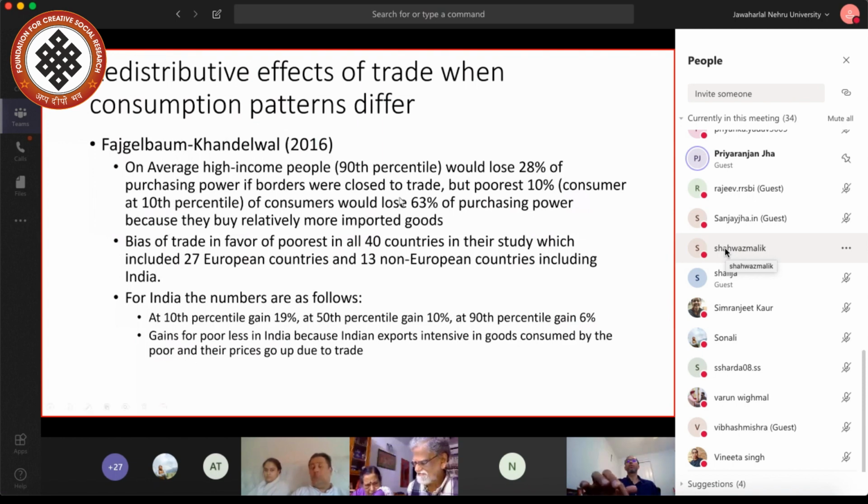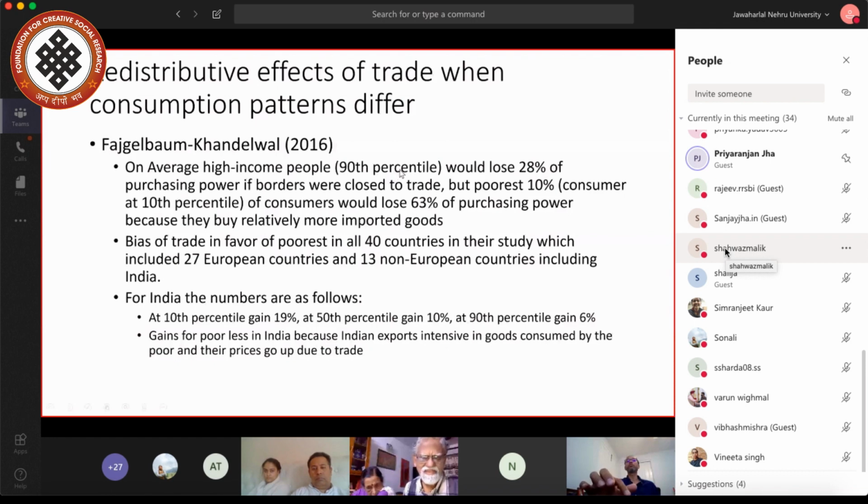So if you go to a supermarket in the US, you will see most of the goods are imported there, and low-income consumers are likely to spend more on these goods.